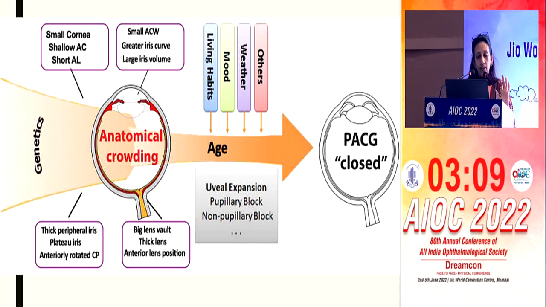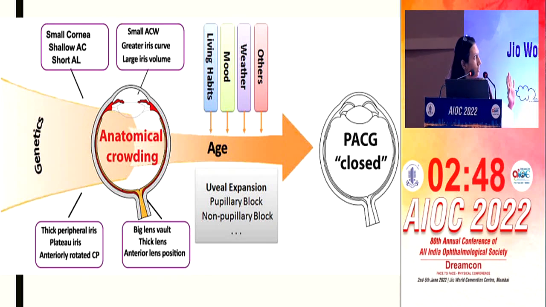So this is one thing which you have to realize, that even though a person may have all the anatomical predispositions, unless other factors come into play, like if he develops a cataract, probably even though he has the anatomical groundwork, if he gets operated, he's never going to develop the attack.